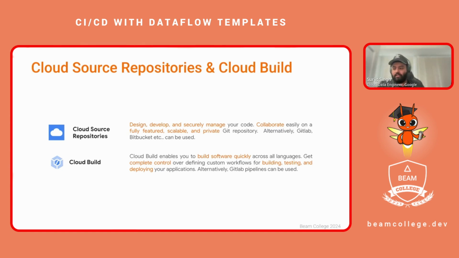It's the same as automating: suppose you're running a Python command locally, how would you do that in a live application in an automated manner? That's what Cloud Build does. Similar to Cloud Build, there are alternatives like GitLab pipelines, and I think GitHub Actions also fits into this category. But for the sake of simplicity, I'll be using the GCP services for now.